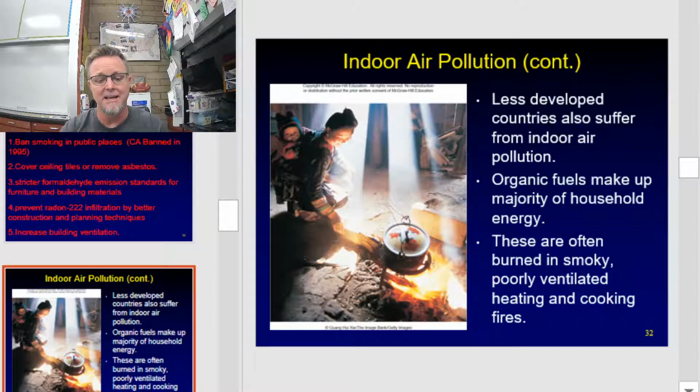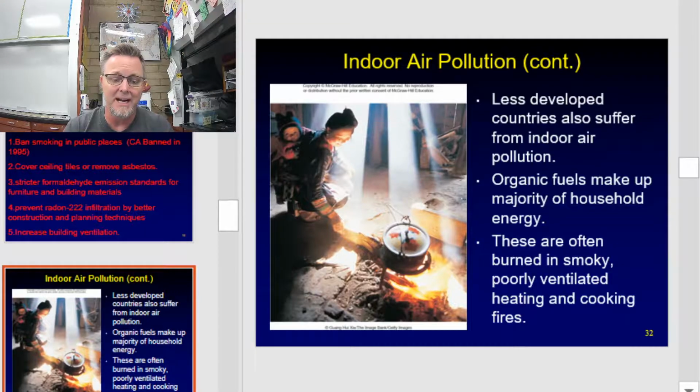At the end of the day, like I said at the beginning of this, developed countries are getting better even with indoor air pollution, but the less developed or developing countries still suffer with massive amounts of indoor air pollution. Here we have a woman who's actually cooking a meal over an open fire inside of her home, right?